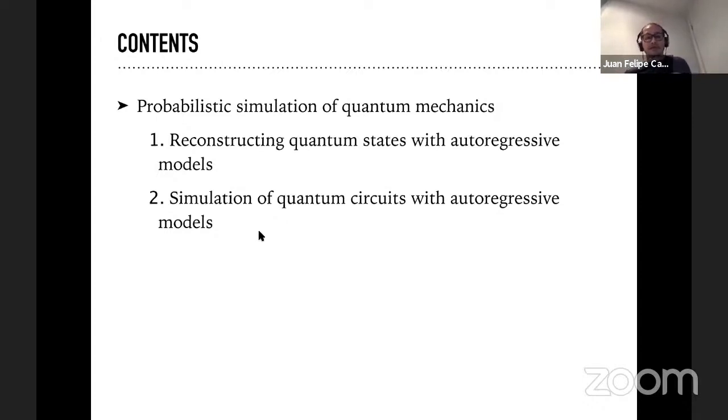One is reconstructing quantum states with autoregressive models, and the second one is how to simulate quantum dynamics, or in this case, quantum circuits, with autoregressive models. And instead of extending them to, say, wave functions and making them complex, I'm going to be rewriting quantum mechanics such that it looks more like a probabilistic model. Okay, so it's a little bit of a different approach.